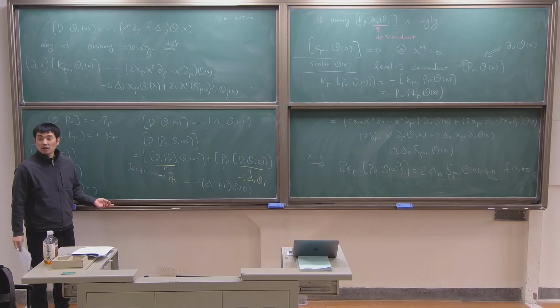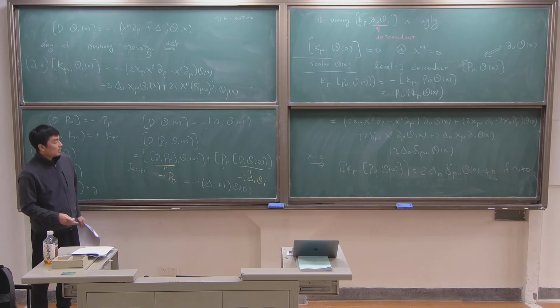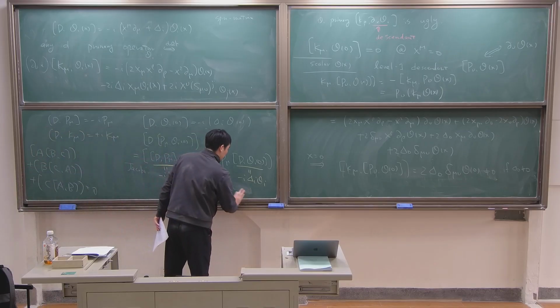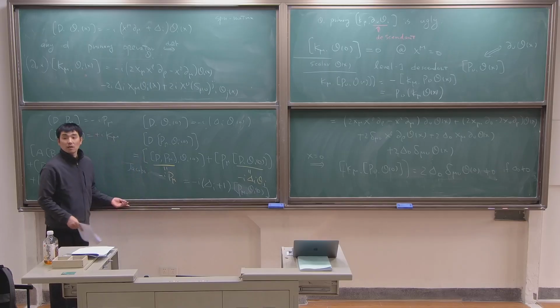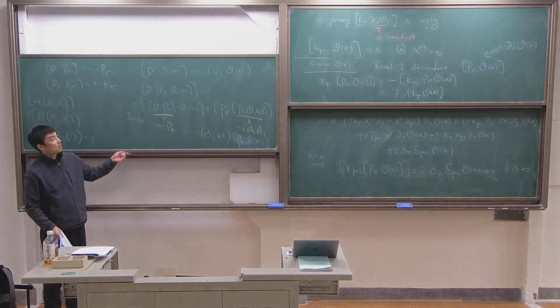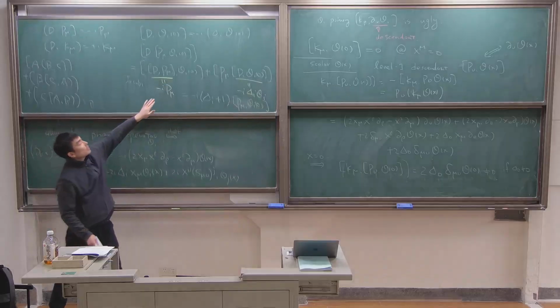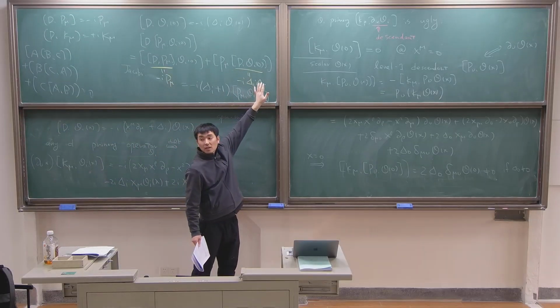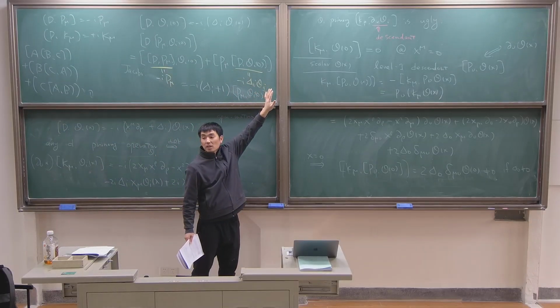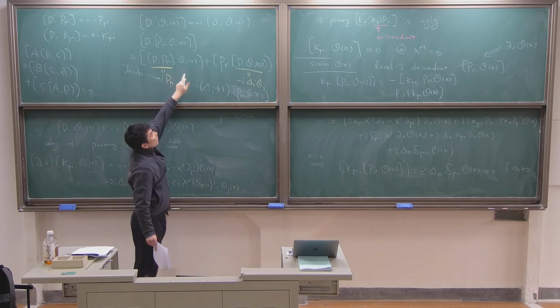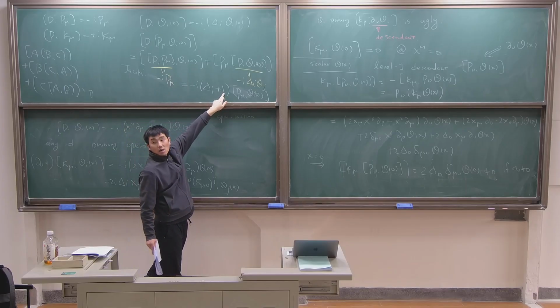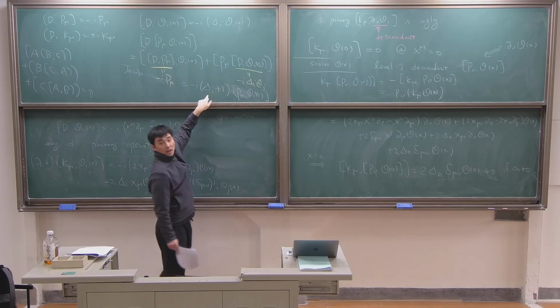Fine, is it okay? So I just combine this guy and this guy. P mu acts on O I, so that gives 1, and this guy gives delta I.